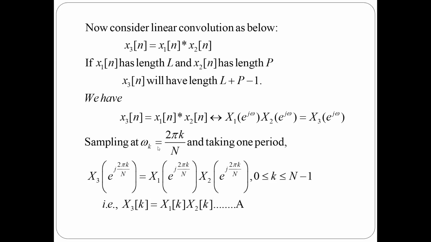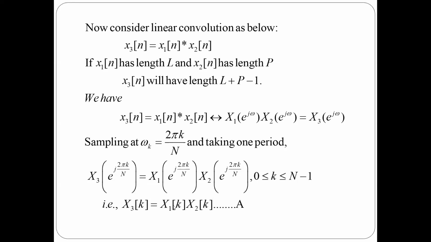And we are taking N samples in the spectral domain for omega k equal to 2 pi k by N. That is, in the range 0 to 2 pi, you are taking samples at 0, 2 pi by N, 2 into 2 pi by N, etc., up to 2 pi by N into N minus 1. So that's the last sample that you are taking.